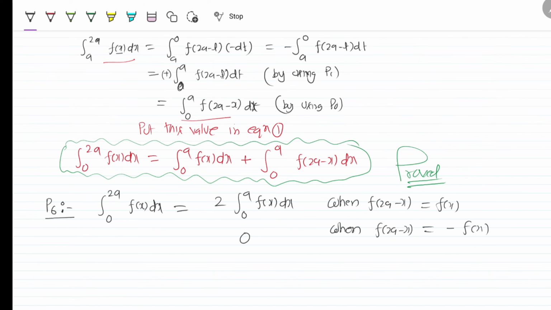This property we have used to prove the integral of 0 to pi by 2 log sin x dx, the very important integral of NCERT. If you have not seen, I will put the link in the I button, you can go and check.